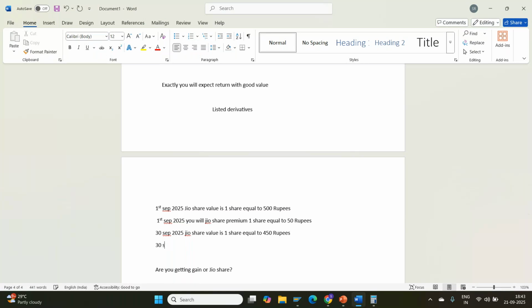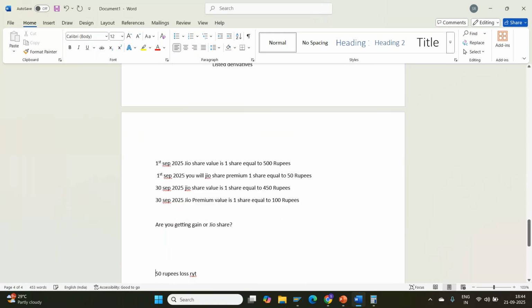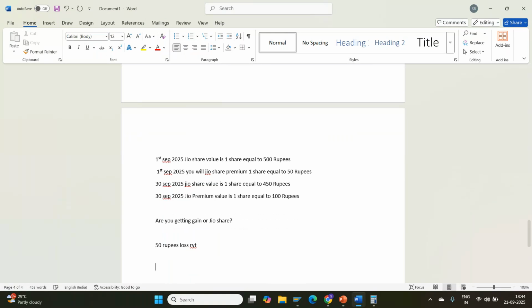On 30 September 2025, the Geo premium value is one share equal to 100 rupees. Now you can understand here clearly, the premium value increased by 50 rupees.